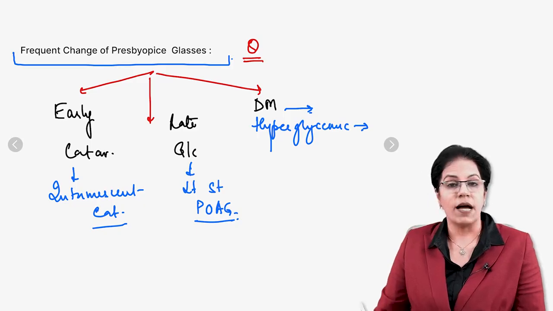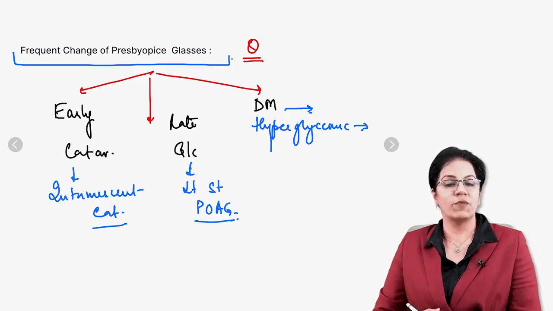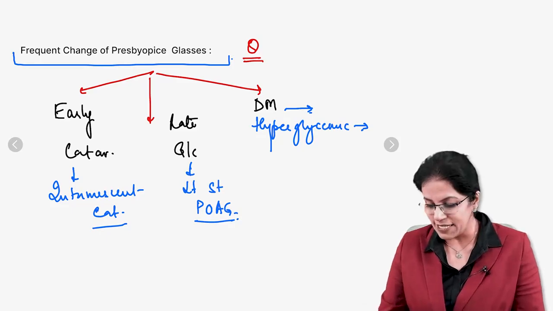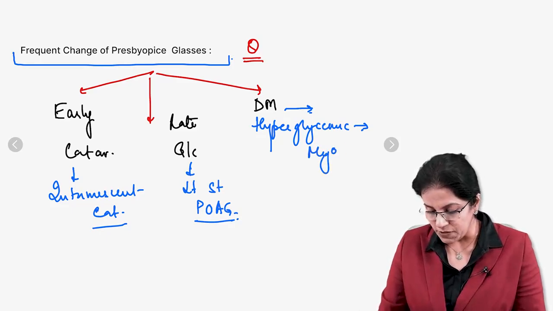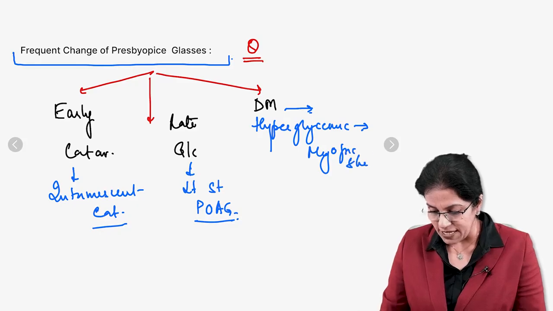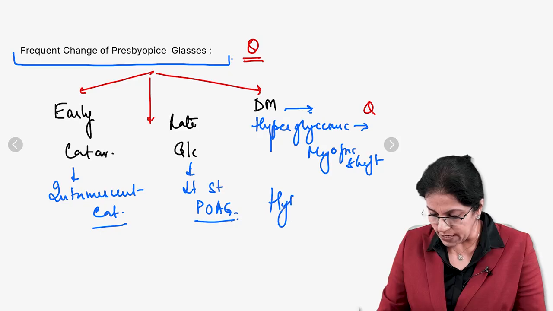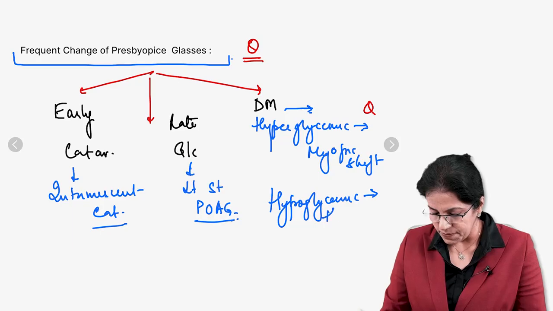More sugar means more swelling in the lens, and therefore there is myopic shift. So, this has been your exam question, that in hyperglycemia we get a myopic shift, and when there is hypoglycemia we get a hypermetropic shift.